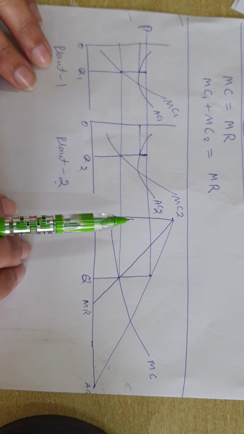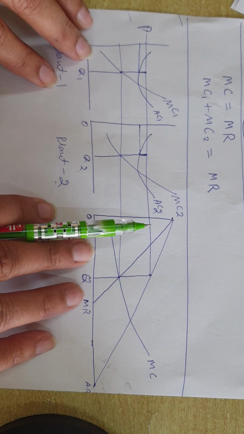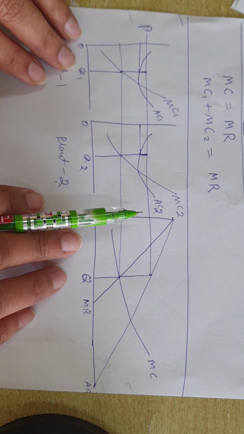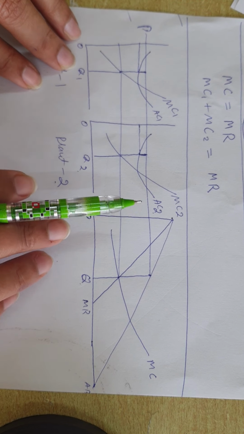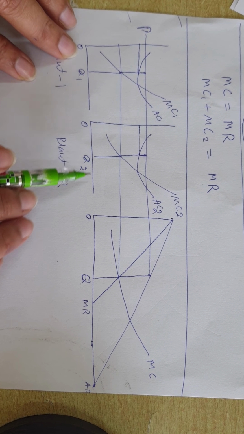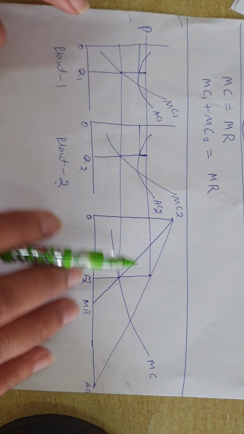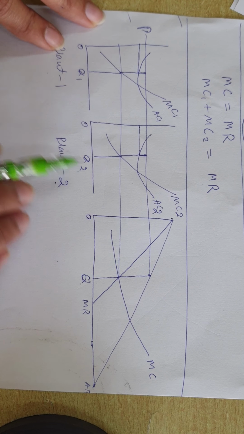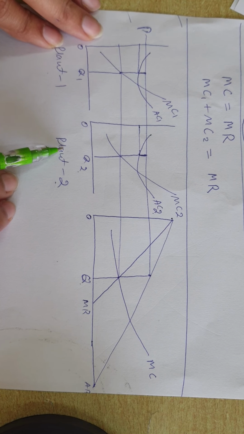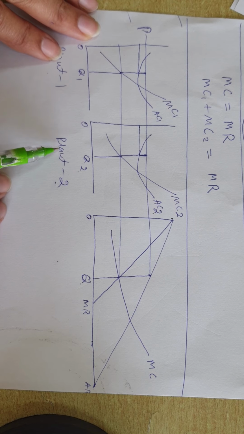When a monopolist does this, it is called joint profit maximization. When a monopolist has more than one plant, he will produce in such a way that total profit is maximum. So this is called the joint profit maximization situation by a monopolist.